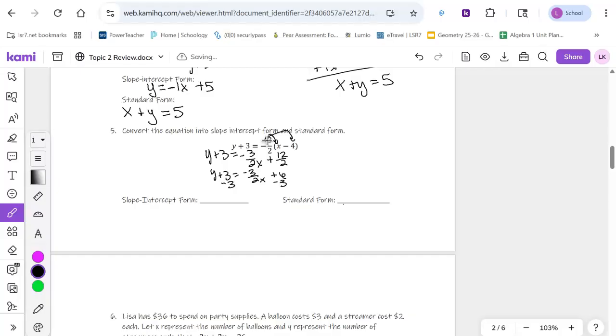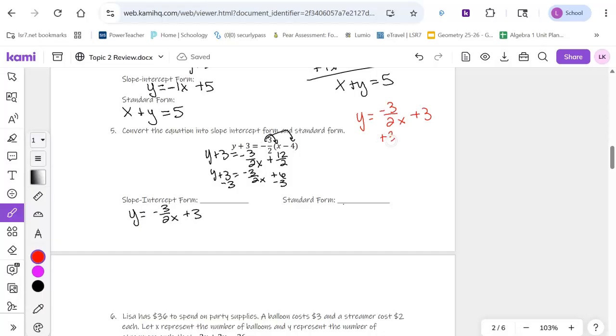So I'm going to write it underneath here. y equals -3 over 2x plus 3. That is my slope-intercept form. Now, I want to change that to standard form. So I'm going to come over here. y equals -3 over 2x plus 3. So I need to move this over here.